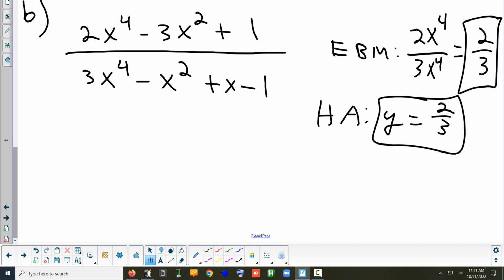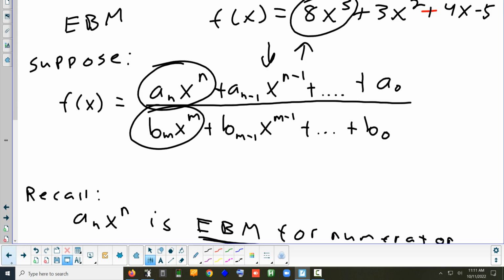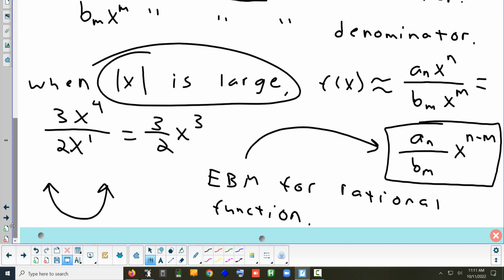Yes? So, with that model of A subscript n over B subscript n times x with the exponent n minus m, that would be equivalent. You could use that same model and then it would also be equal to, for example, the 2 over 3x.